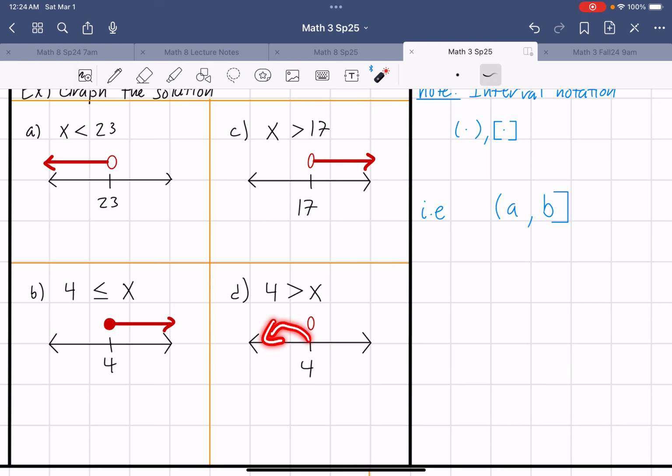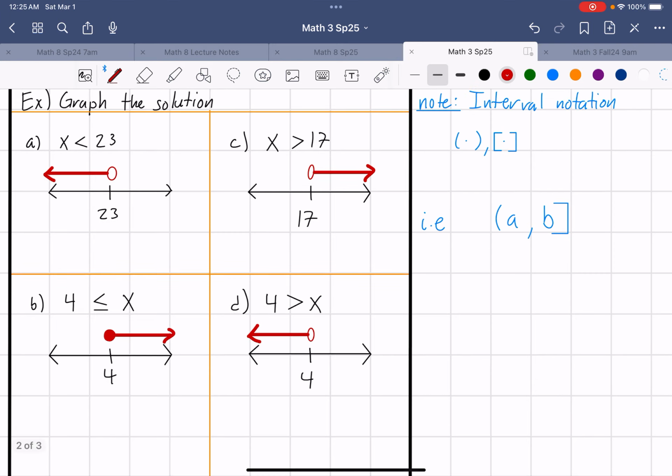The numbers on the left are smaller. The numbers on the right are bigger. So I'm looking for the smaller numbers. Hence, my solution is everything to your left.